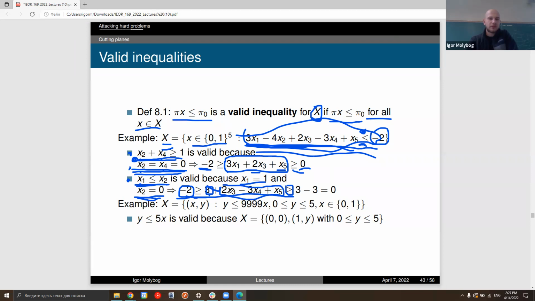So this thing on the right cannot be less than -3. Therefore, this entire expression cannot be greater than or equal to 3 minus 3, which is equal to 0.